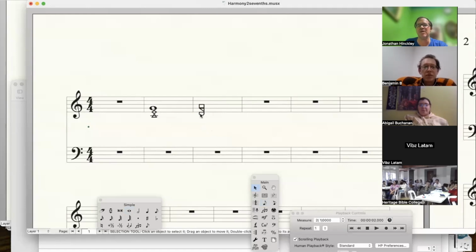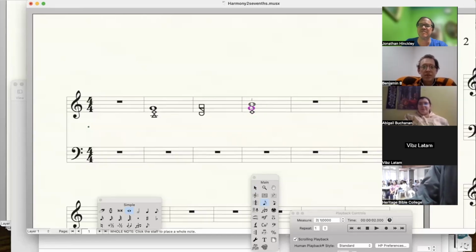And this is still called, the root is re. That's where we started. That's what we're building. So it's root, third, fifth. Okay? Next one, if I were to start on mi, that's the root. And the third is what? Sol. And the fifth is ti. Okay? Root, third, fifth.